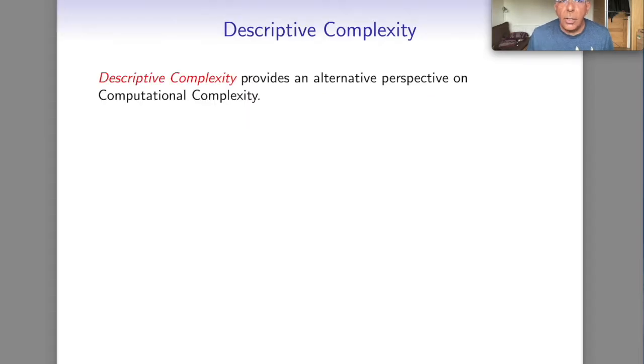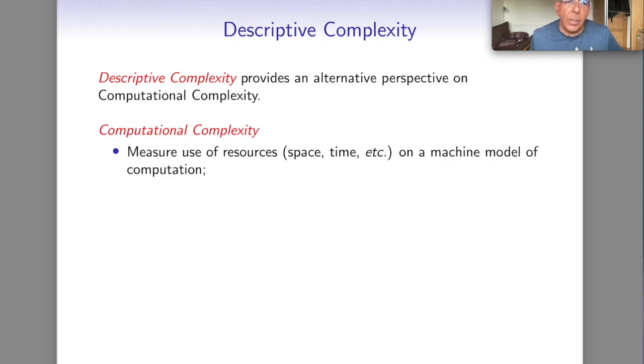So let's start by talking about descriptive complexity in general terms. I'm assuming you're familiar to some extent with computational complexity, and descriptive complexity provides an alternative perspective in the sense that in classical computational complexity, we measure the use of resources such as space, time, etc. on a machine model of computation, for example, a Turing machine.